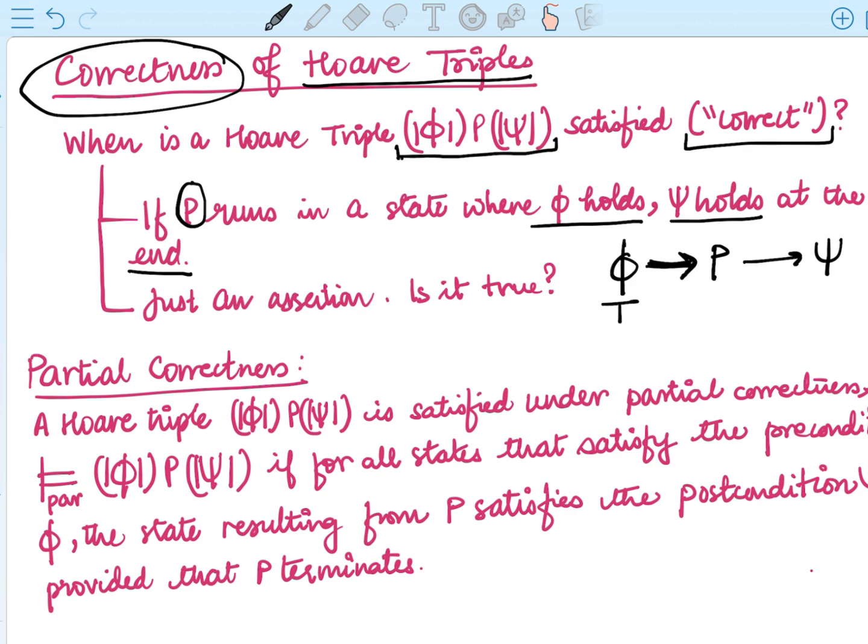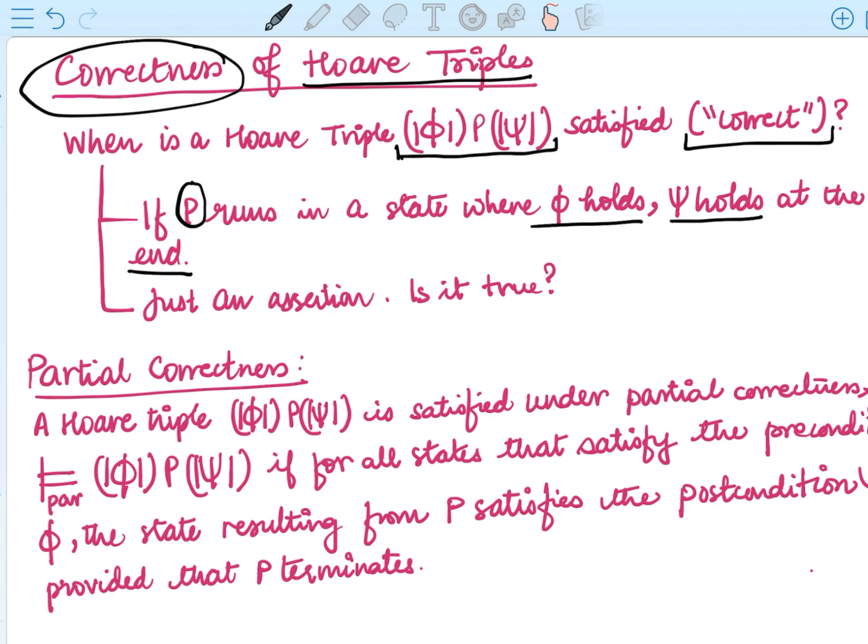If phi is true and the program is false, then the answer will be false. And we only don't want this to happen. So it can be anything but not false. The program cannot be false because if we are assuming the right precondition, we will have true values for the program, and if this is true, this should be true. It can also be false, but with the right precondition, it cannot be false. Okay, so this is important to understand.